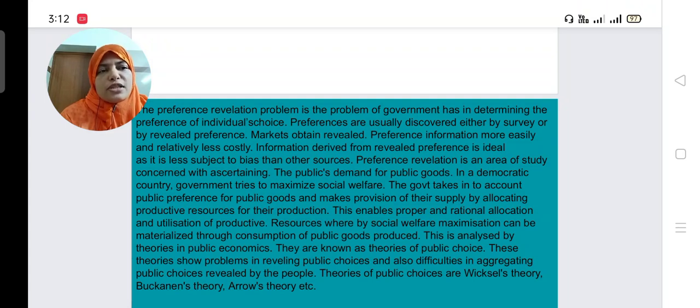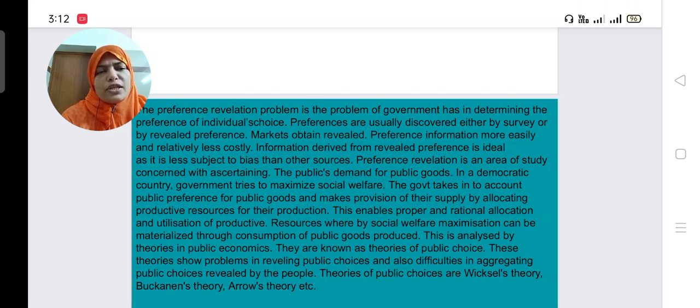The preferences are usually discovered either by survey or by revealed preference. Markets obtain revealed preference information more easily and at relatively less cost. From the market, the sellers can identify our choice because we are paying cash depending upon our choice.